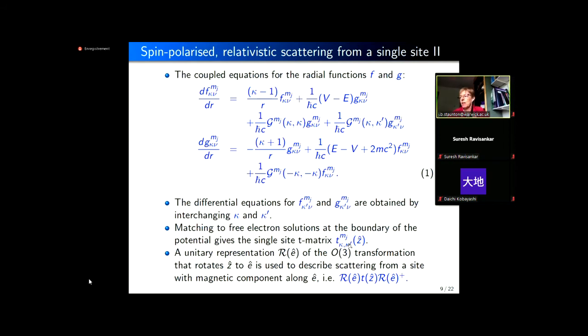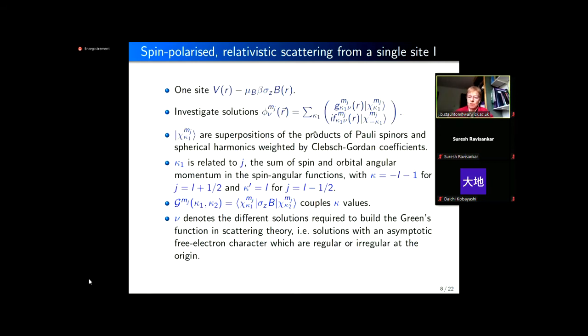So again, L and J plus or minus a half, and it's diagonal in MJ. So that's quite involved, but it's actually not too difficult to set up numerically.